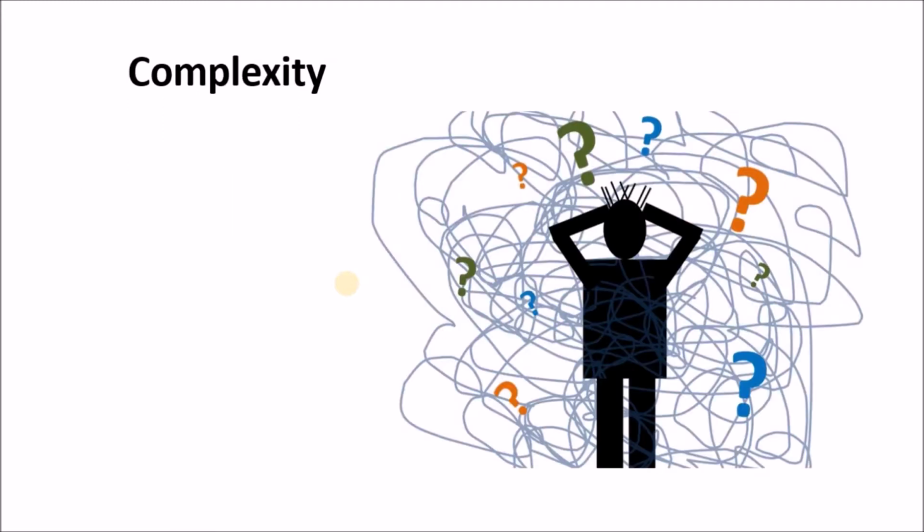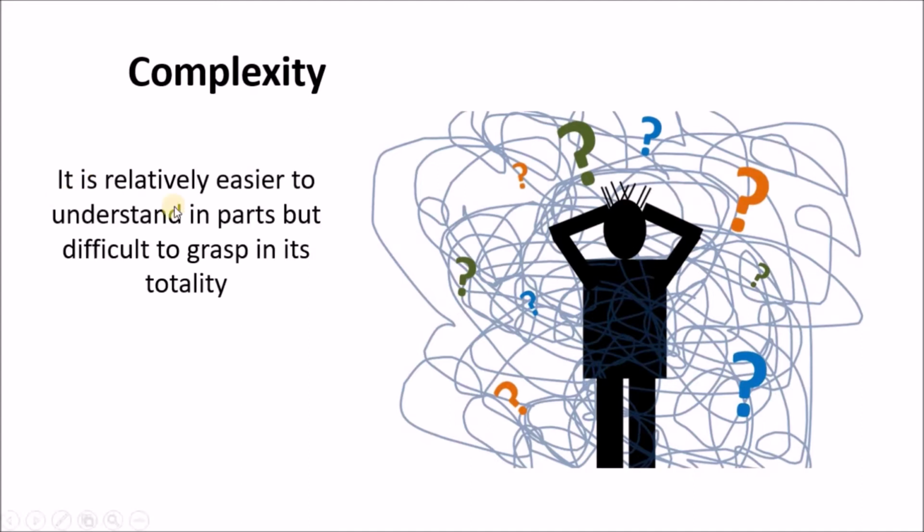Next is complexity. So business environment is very complex. As I told you, all the forces are interlinked. Change in one will lead to change in another. So understanding business environment is not easy. It is relatively easier to understand in parts, but difficult to grasp in totality. When you talk of individual environments like social environment separately, political environment separately, it is easy for you to understand.